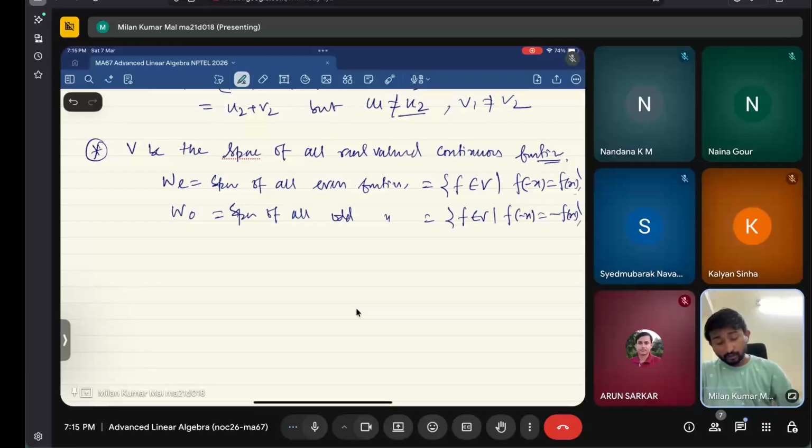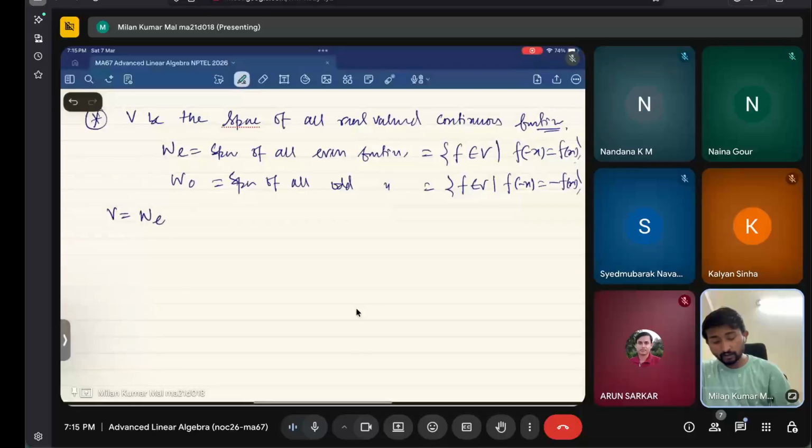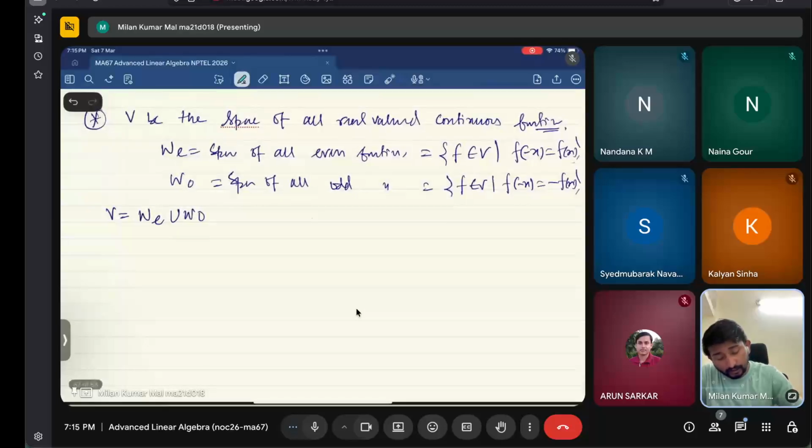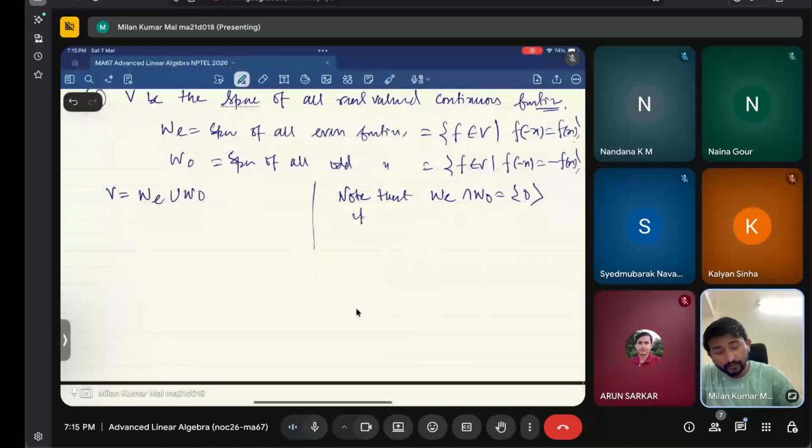Now first of all, the third option was giving that V is equal to WE union WO. First of all, WE and WO, the spaces of all even functions and odd functions, are disjoint. Note that WE intersection WO only contains the zero function.